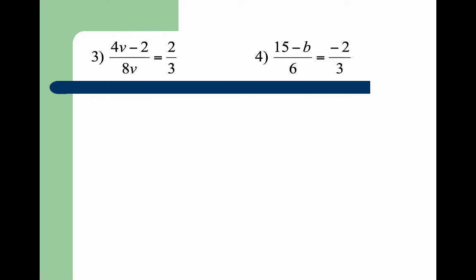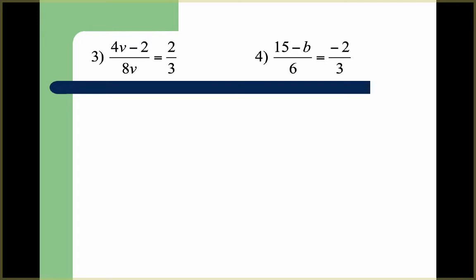Next we have numbers 3 and 4. We're going to do the same idea. We have fractions equal to fractions, so we can cross multiply. When we do this, we have 3 times 4v minus 2. 3 times 4v is 12v. 3 times negative 2 is negative 6. 8v times 2 is 16v.